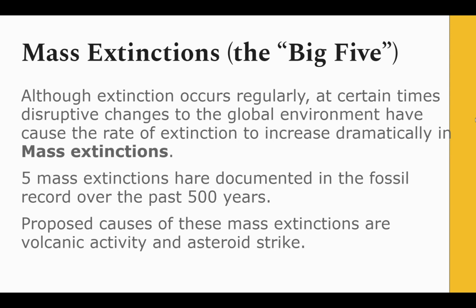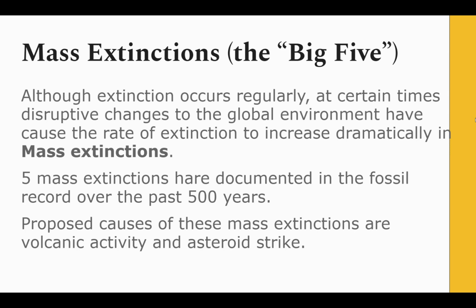They have found that another one of these big five extinctions happened because of an asteroid strike, and they believe this because they didn't have evidence of a certain element or a certain isotope being around before the asteroid strike, and then a bigger quantity of it after the strike. They think an asteroid hit the Earth, and it threw up a bunch of stuff into the atmosphere and caused a lot of disruption.